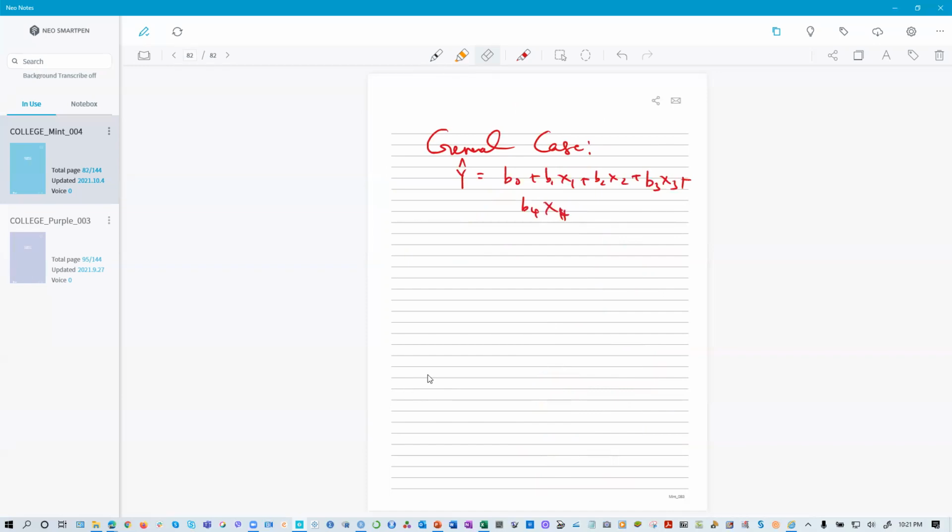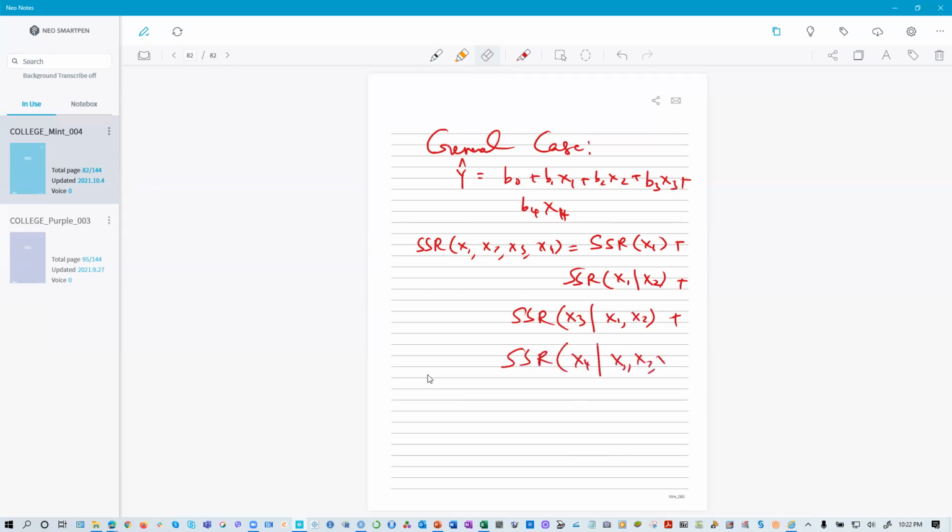That means sum of squared regression of x1, x2, x3, x4 is nothing but sum of regression x1 plus sum of regression x2 given x1 plus sum of squared regression x3 given x1 and x2 plus sum of squared regression x4 given x1, x2, x3.